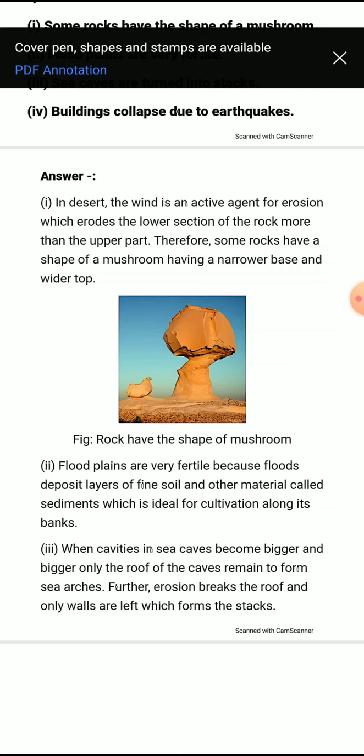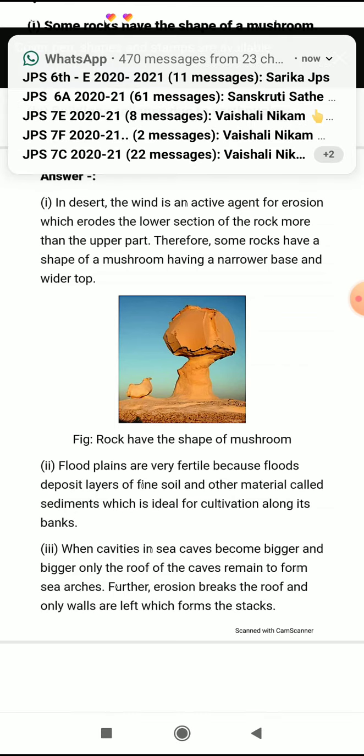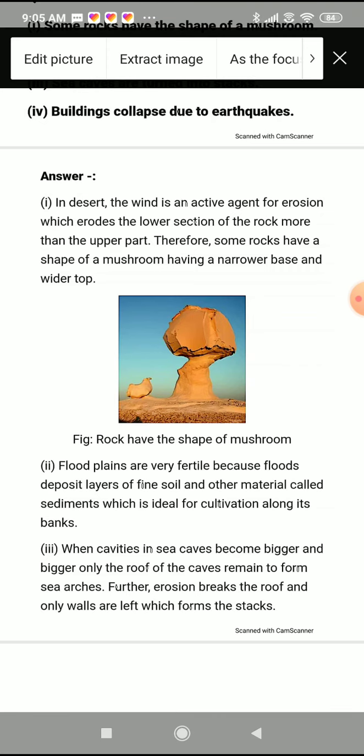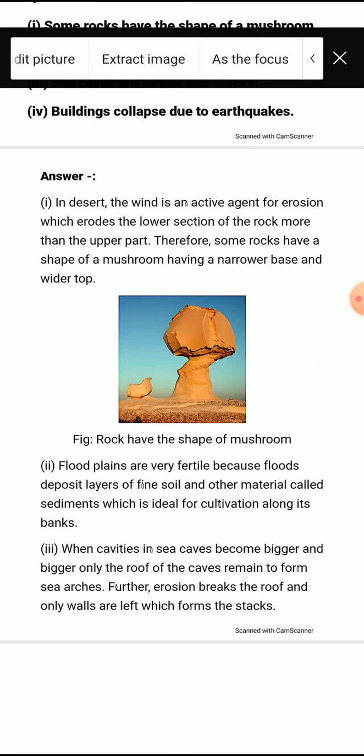When cavities in sea caves become bigger and bigger, only the roof of the caves remains to form sea arches. We have done this at page number 16, right? You can see, when you open your book you can easily understand.